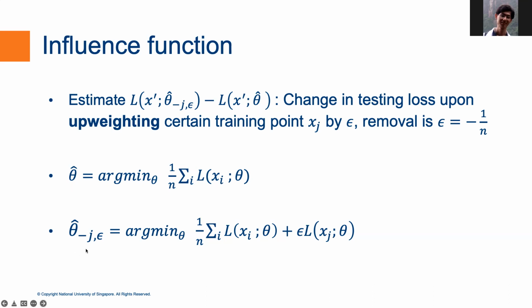And then my theta hat minus j epsilon will be a function in terms of epsilon. I have no question here. But we need to estimate this theta hat minus j because we don't want to retrain the model.